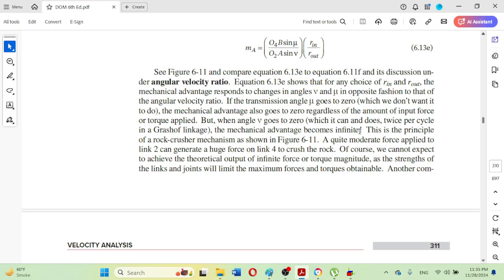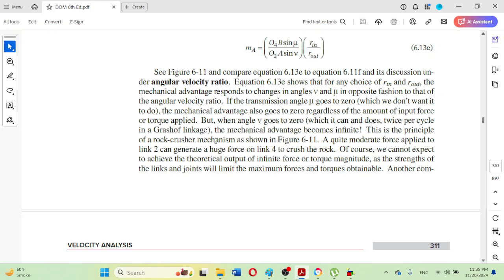So when angle V will be 0, mechanical advantage will be infinity and the angular velocity ratio will be 0, because the angular velocity ratio is O to A sin V divided by O for B sin mu. So when angular velocity ratio is 0, mechanical advantage becomes infinity.